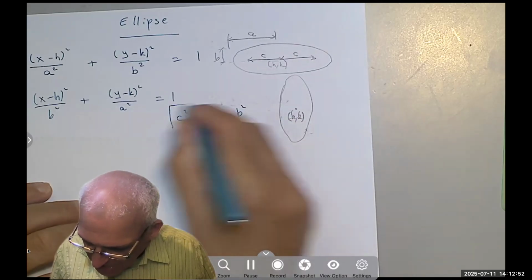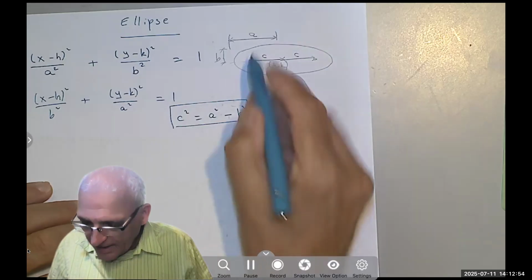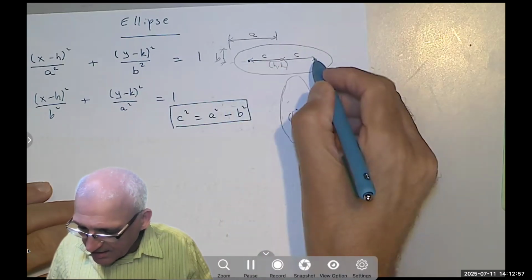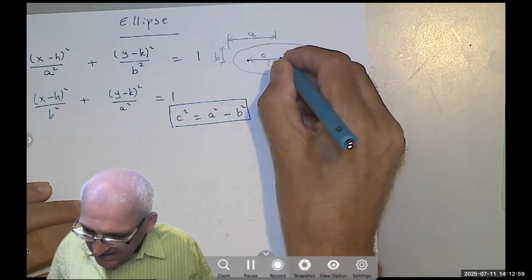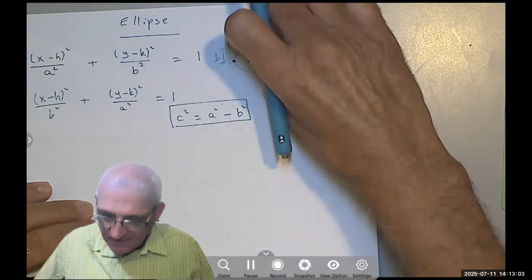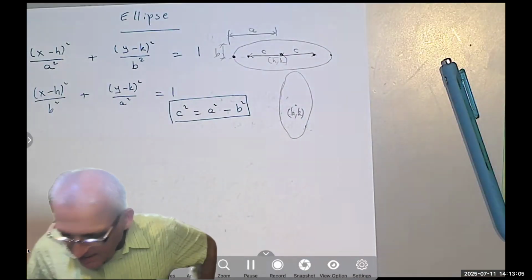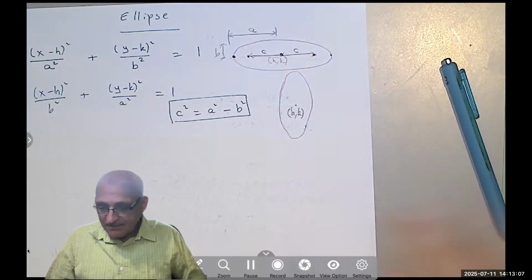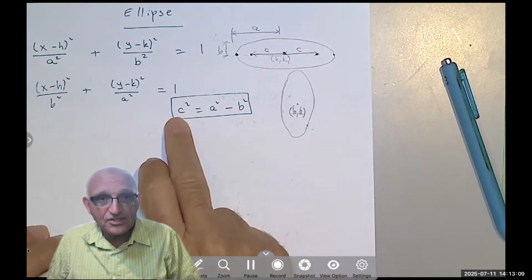This is the relationship between where the two foci and the center are, as compared to A and B. So every time A gets larger than B, then C will get larger.